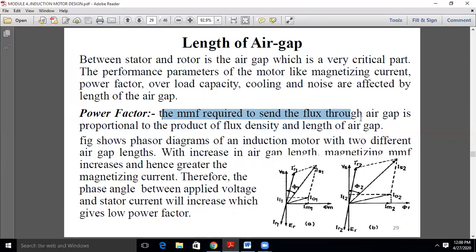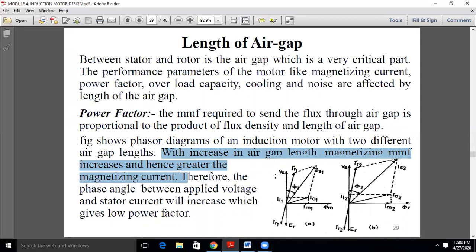This figure shows diagrams of an induction motor with two different air gap lengths. With increased air gap length, magnetizing MMF increases, and hence greater the magnetizing current. Therefore, the phase angle between applied voltage and stator current will increase, which gives low power factor.